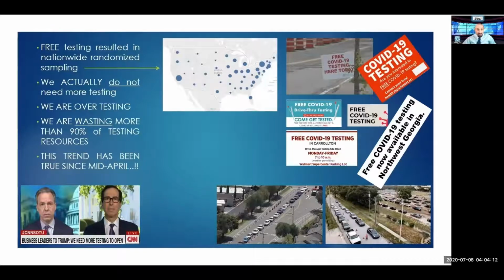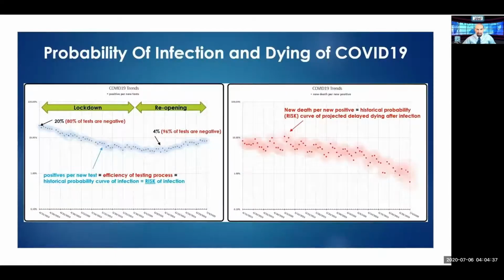We're testing enough people. Actually, we are over testing. What we are doing is that we are wasting more than 90% of the testing resources. And this trend, again, has been true since mid-April. Let me prove that to you and why this is the case.